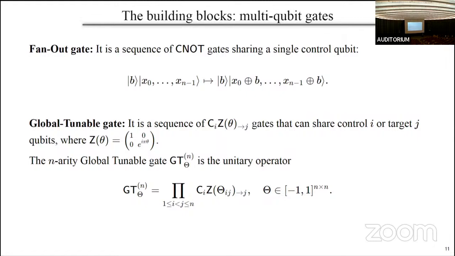It's basically a sequence of controlled-Z gates with some phase. So instead of having many CZ gates separately, you can combine all these commuting gates into a single gate we call GT, or global tunnel gate. These are gates we're going to be assuming that we can perform at constant cost.